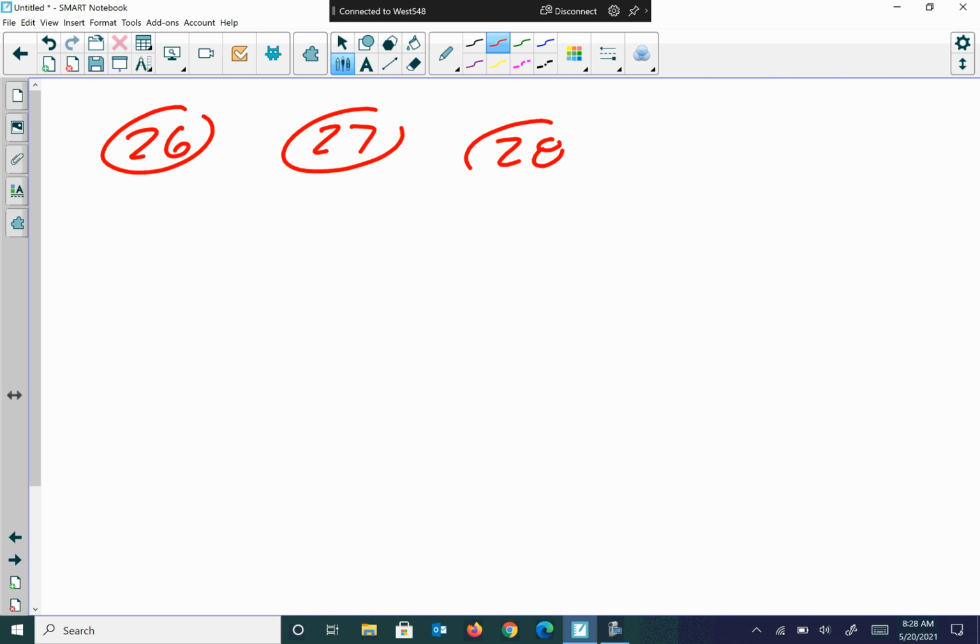So let me just show you how to go through and manipulate these last 4 problems on this page. If you know how to factor, please by all means go for it. If you're like, I don't remember how to factor, staring at it isn't going to make factoring come back.